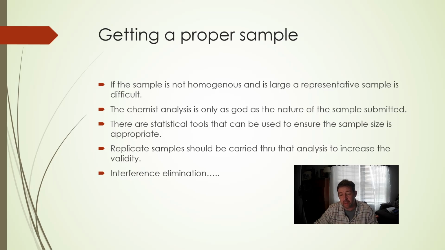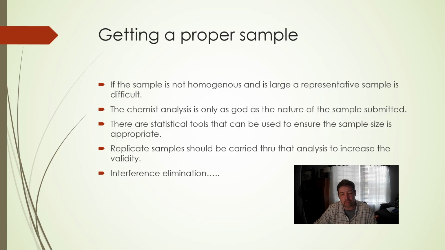I've seen pallet after pallet, 80 drums come in that are all the same lot. How many should you sample? We used to use pretty much the square root of n plus 1.